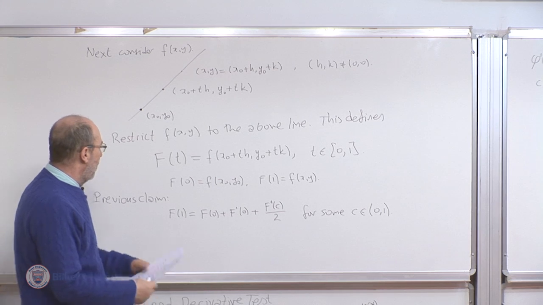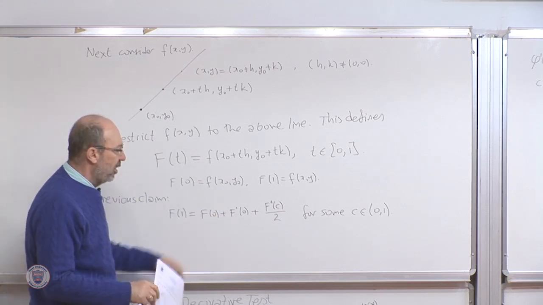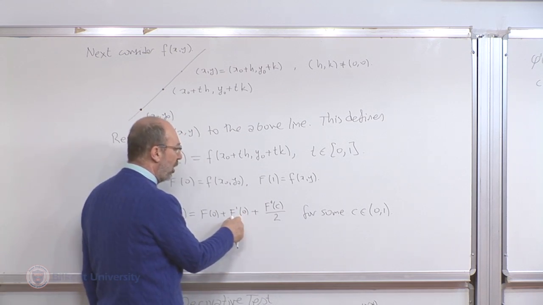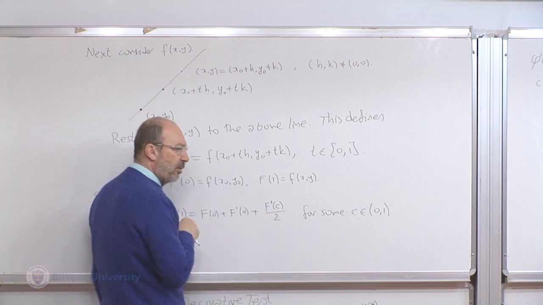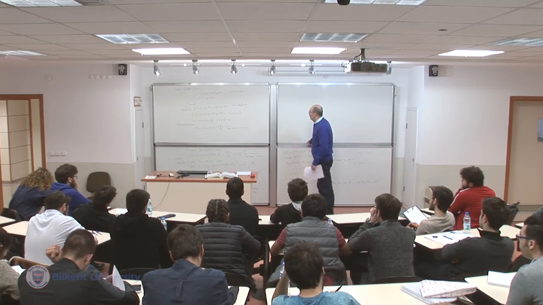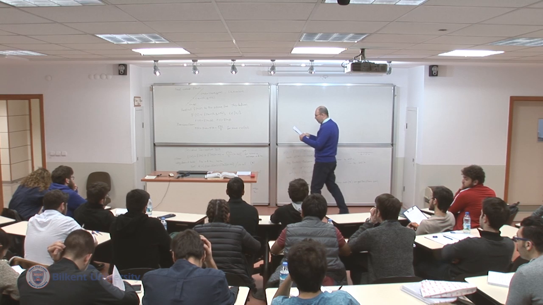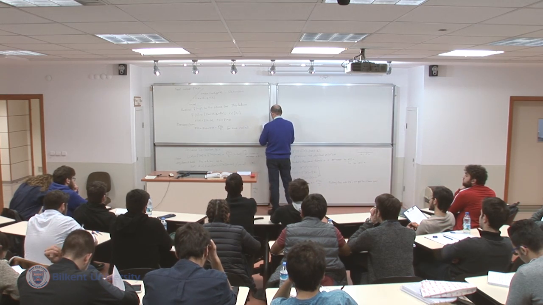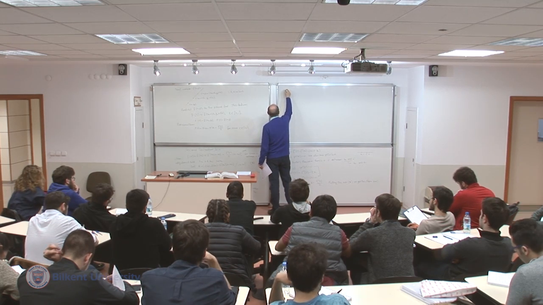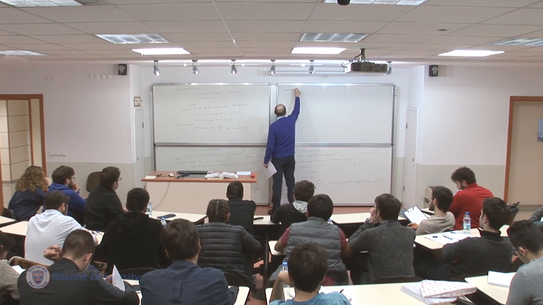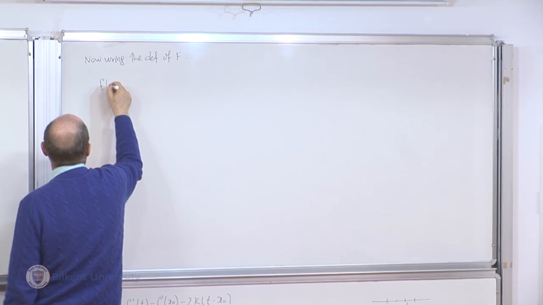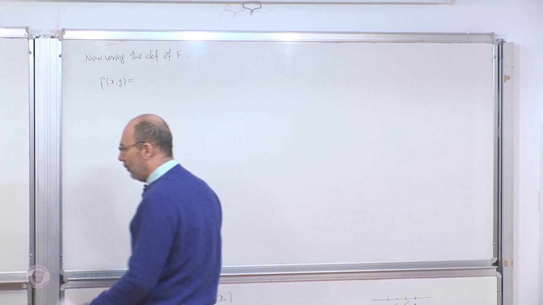Now I take this and write it here. The nice thing is I'll use the chain rule, stick these numbers in and see what comes out. So using the definition of f, on this side I have f(x, y).